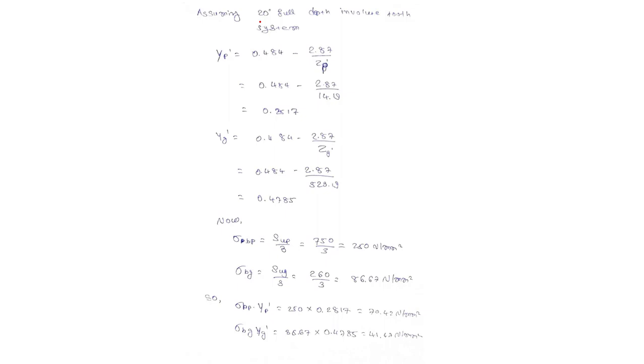So we assume that the 20-degree full depth involute system is used, and for that you can use the standard data book to find the value, or we use this equation for 20-degree full depth involute: 0.484 minus 2.87 upon zp dash.